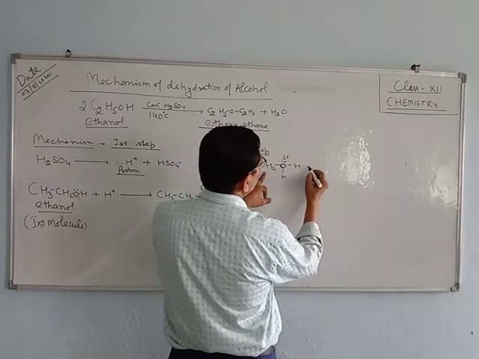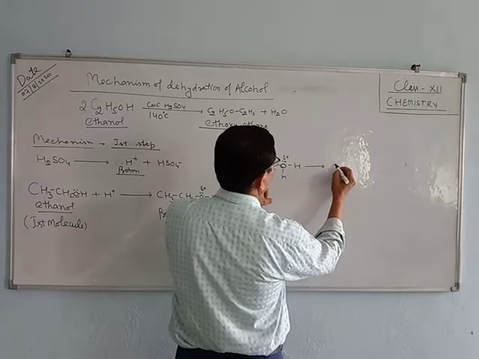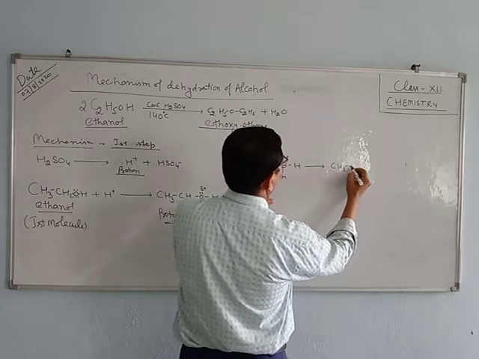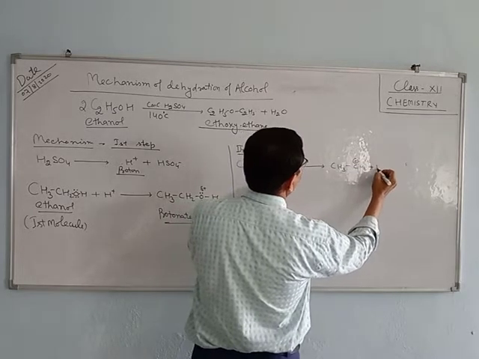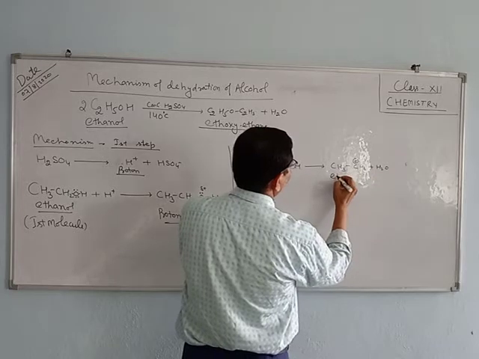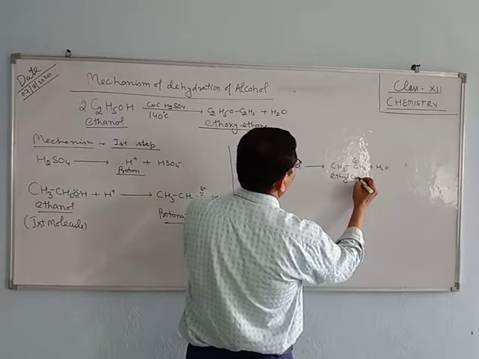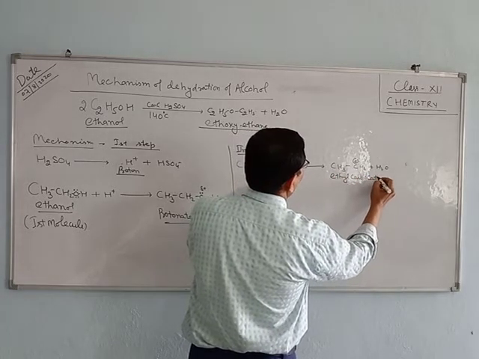That's why electrons are pulled by the oxygen atom to form CH3CH2+ plus H2O. This is the ethyl carbocation.